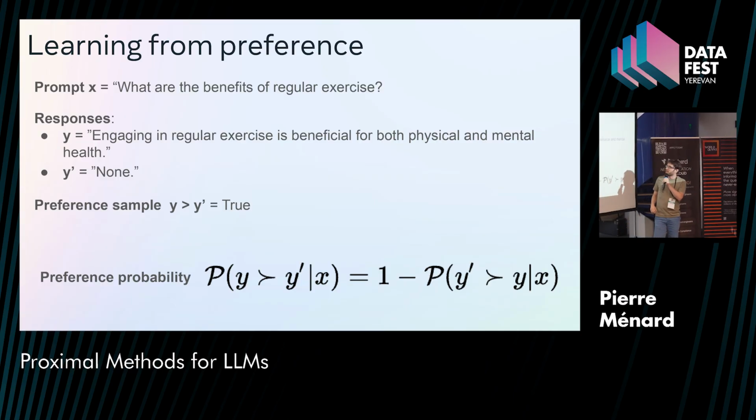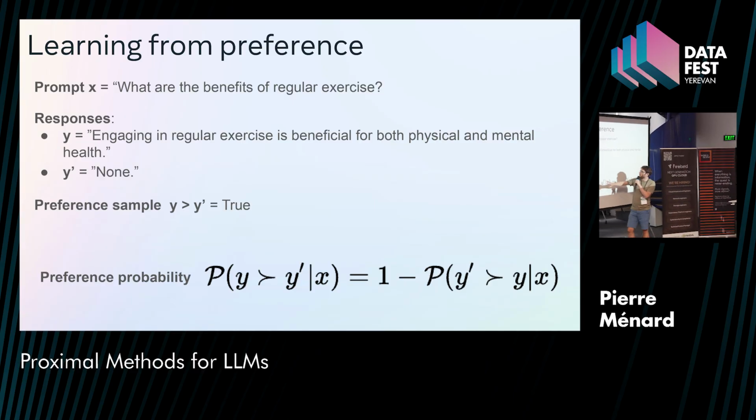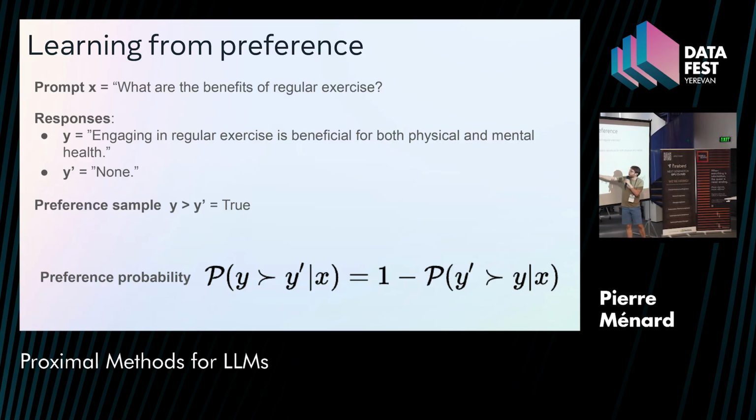Basically, we are not directly interested in the preference, but rather in the probability distribution from which the sample comes. From one annotator to another, the preference can change, but what we care about at the end is only the probability that, let's say, the first response is preferred over the second one, given our context.